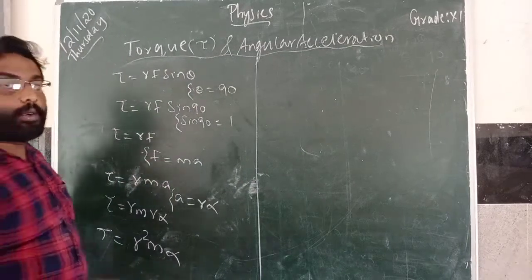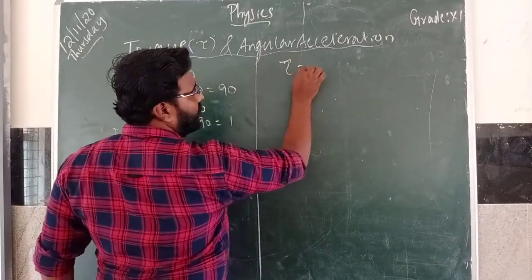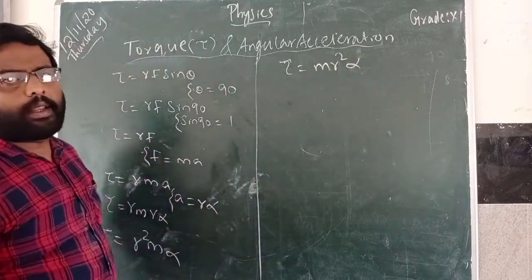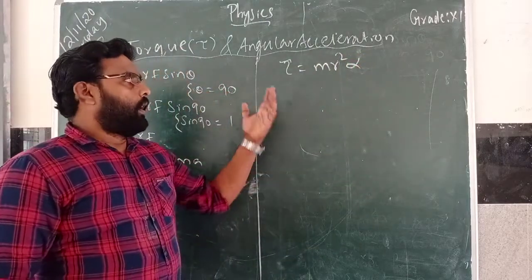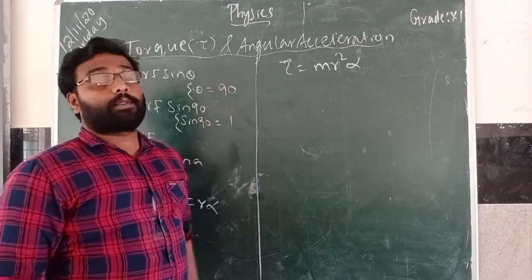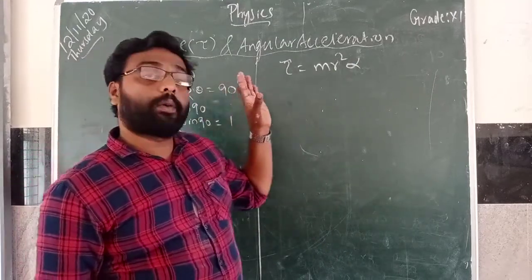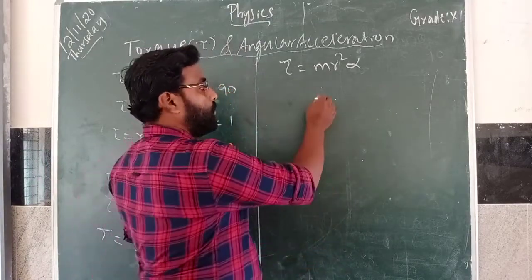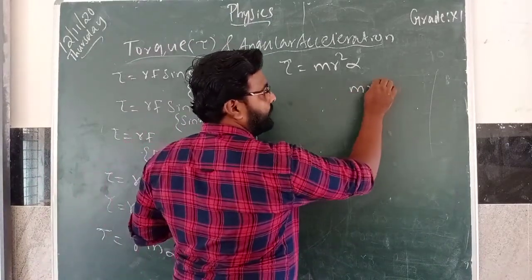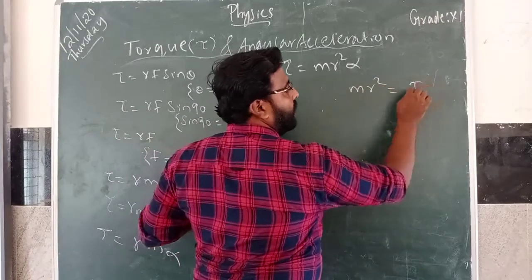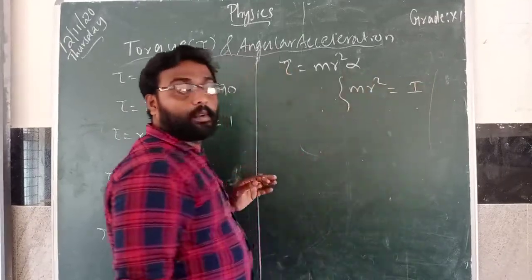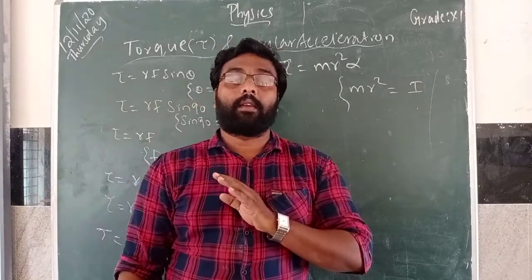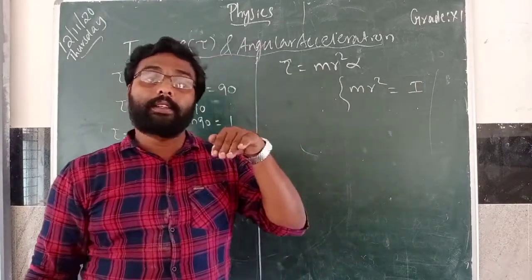Now this equation you can rearrange and write: torque is equal to m r square alpha. There is a concept behind this m r square. M r square means moment of inertia I. The details we will study in the next topic of this same unit.